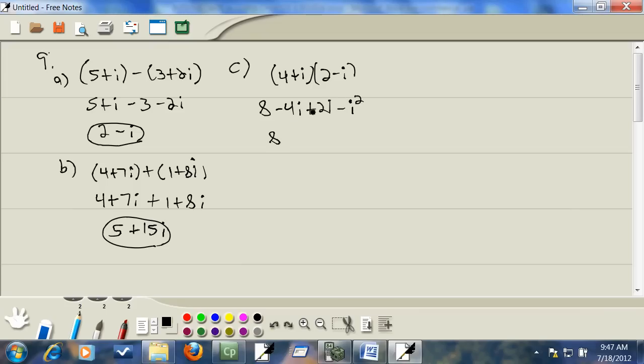Well, combine together these i's. Negative 4i plus 2i gives us negative 2i. And i squared is negative 1. So we replace the i squared with negative 1. And we got 8 minus 2i plus 1. 8 plus 1 is 9. So we got 9 minus 2i.